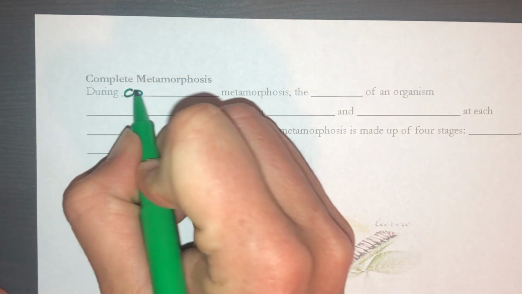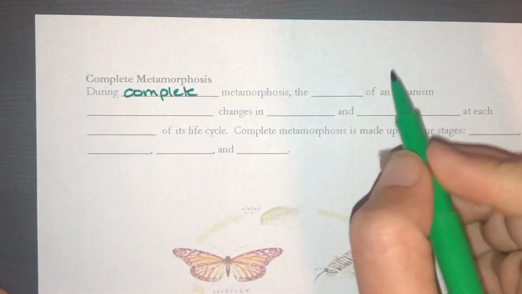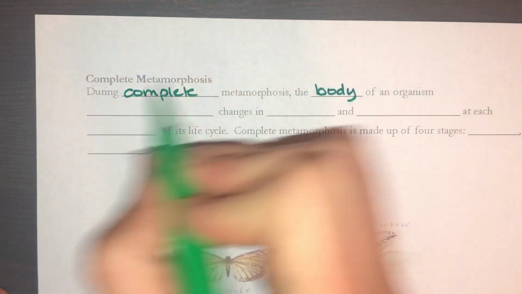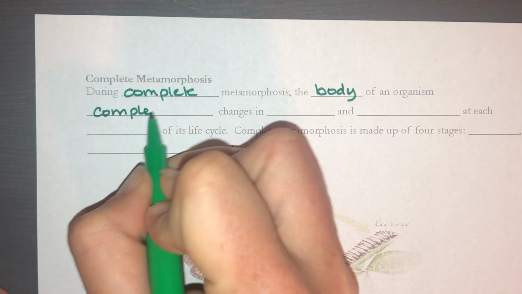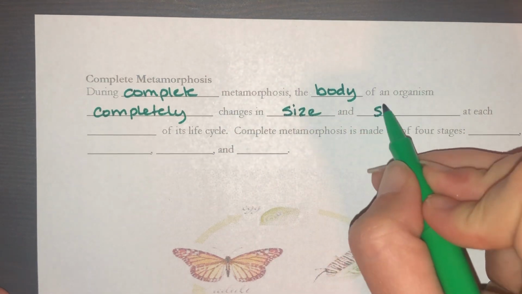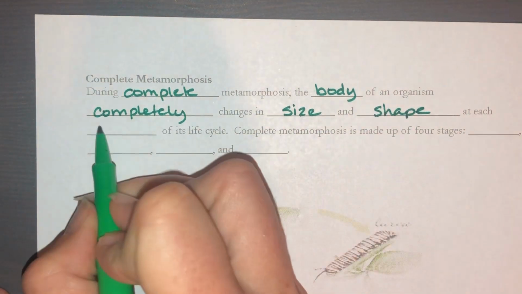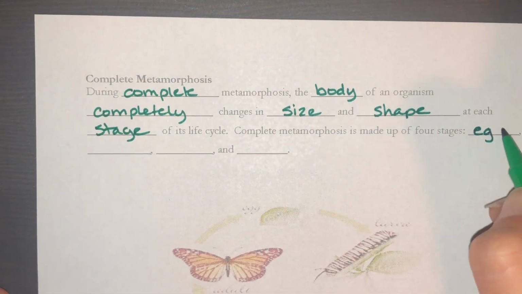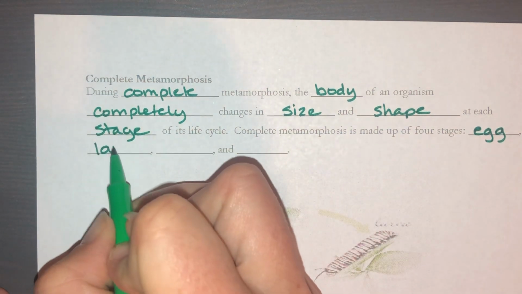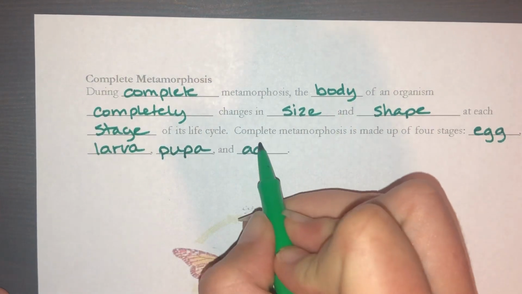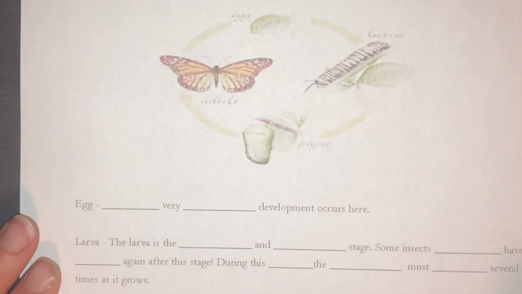So during complete metamorphosis, the body of an organism completely changes in size and shape at each stage of the life cycle. Complete metamorphosis is made up of 4 stages: egg, larva, pupa, and adult. So let's go ahead and go through each of those 4 stages.